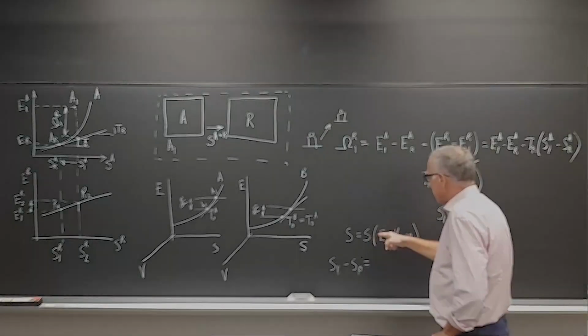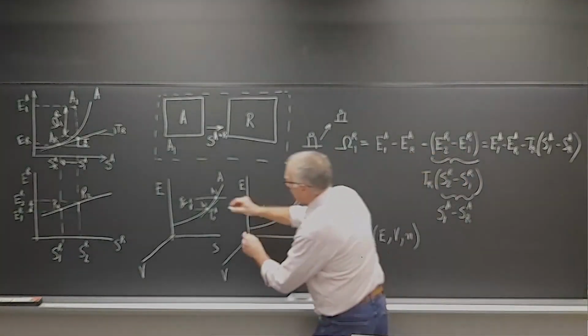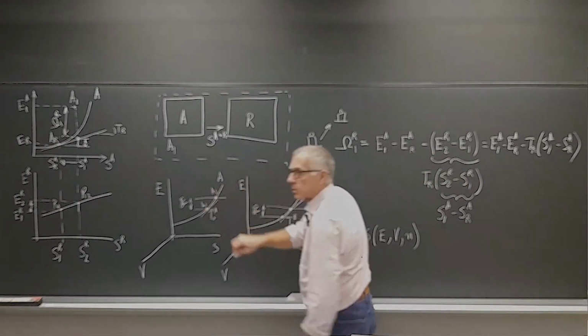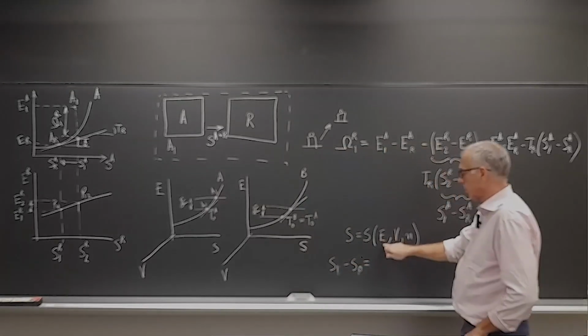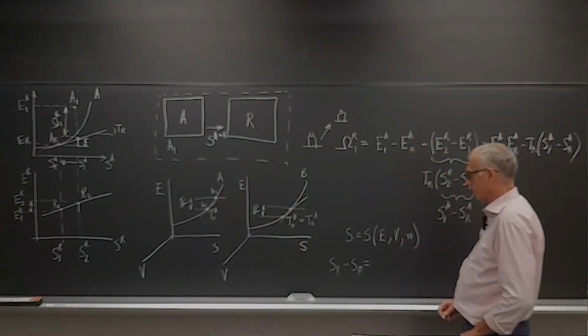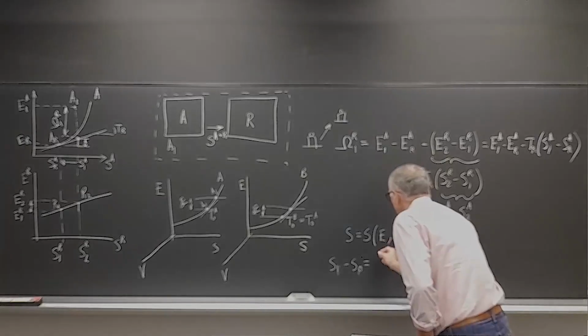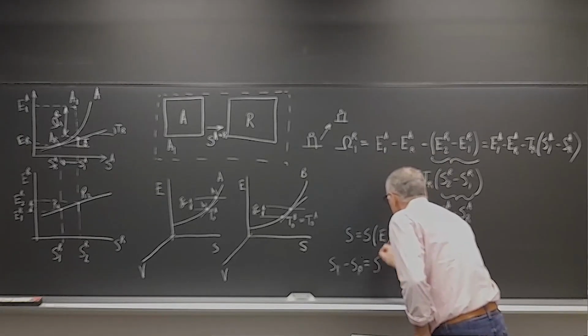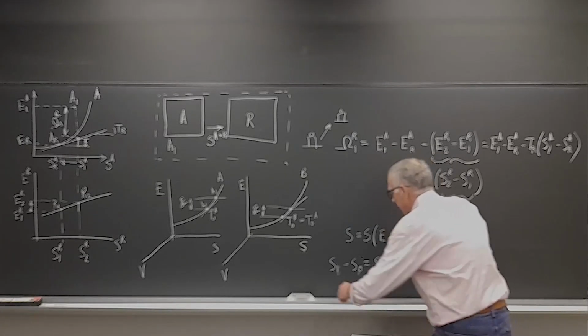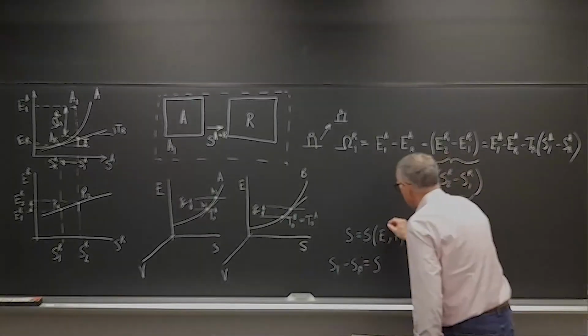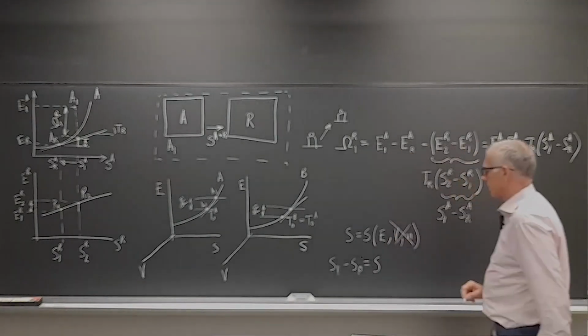I can do a Taylor series expansion around the initial state, the initial point of the function, so around E0. Let me do it as if it were only a function of energy. So forget about these ones for the moment.